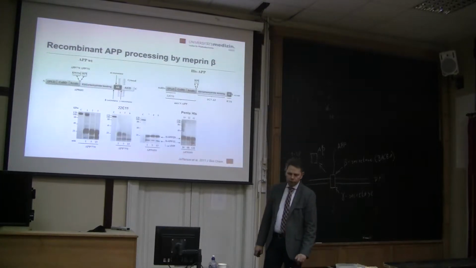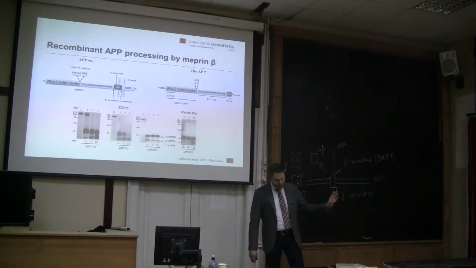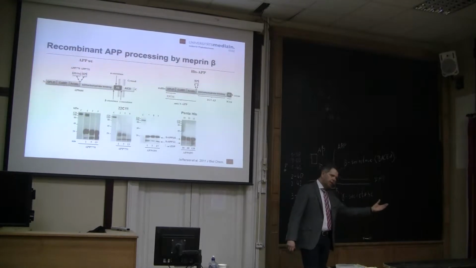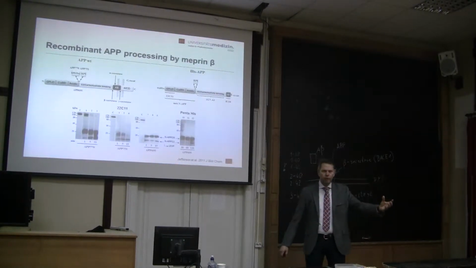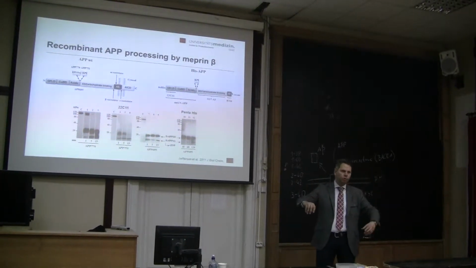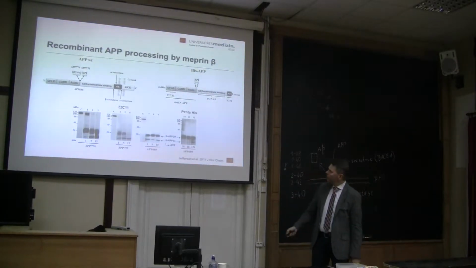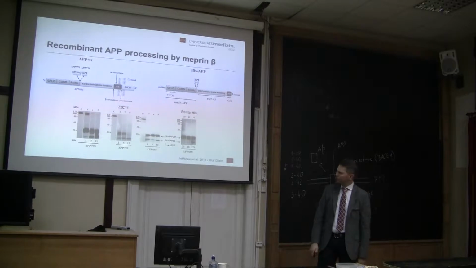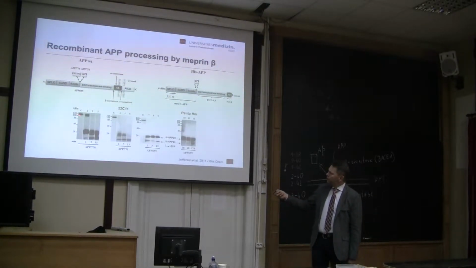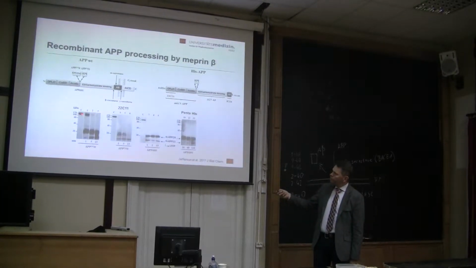Then we started out to perform very simple experiments. He basically gave me some meprin enzyme, I gave him some APP protein, we just dumped it together in an Eppendorf tube and wanted to see what's happening. And as you can see here, this is APP without any enzymatic activity in there.